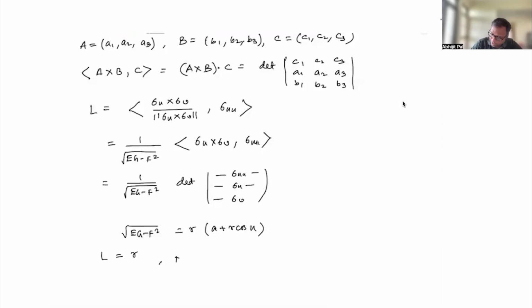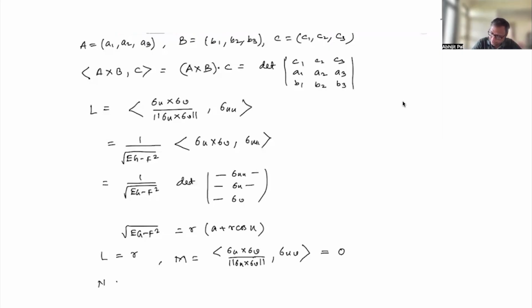And now what is my M? M is equal to the inner product of sigma_u cross sigma_v divided by the norm of sigma_u cross sigma_v, comma, sigma_uv. After computation, this turns out to be equal to 0.